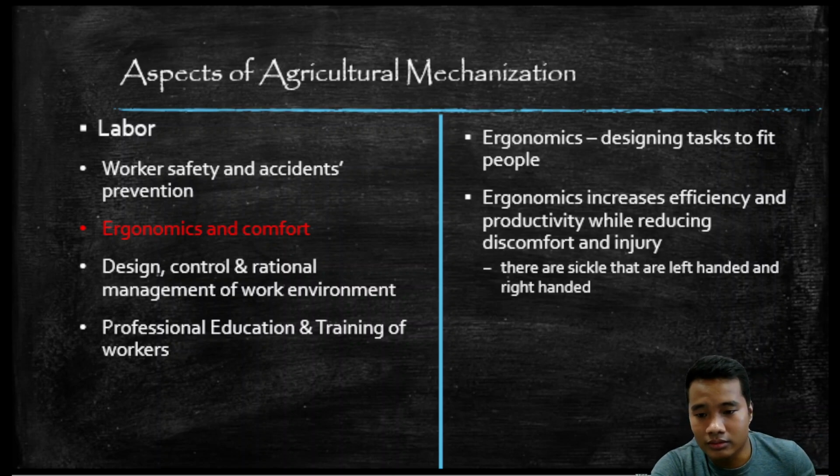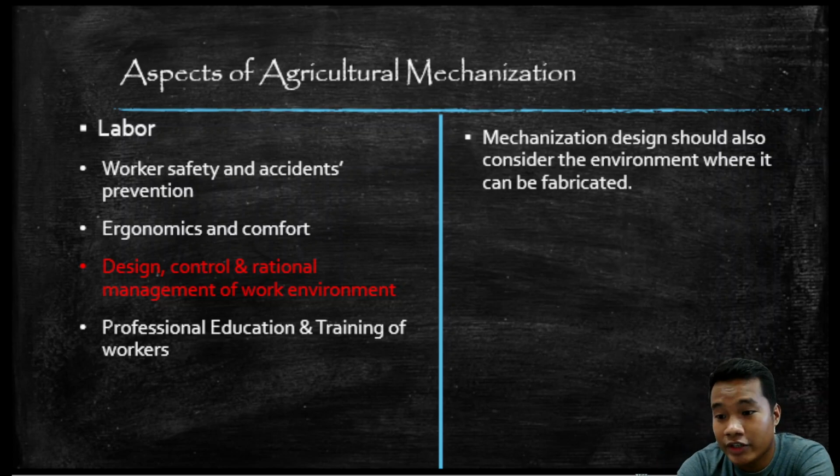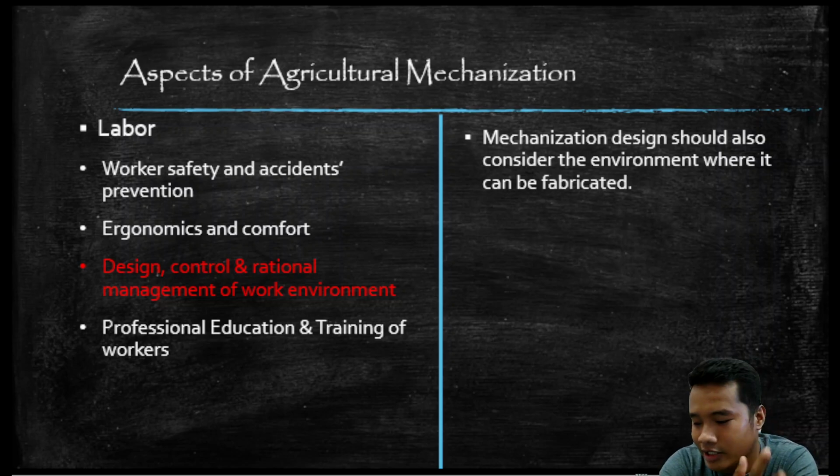So, design, control, and rational management of the work environment. Mechanization design should also consider the environment where it will be fabricated. For example, this is not specifically on agriculture, but it is related to mechanization: a truck or car.